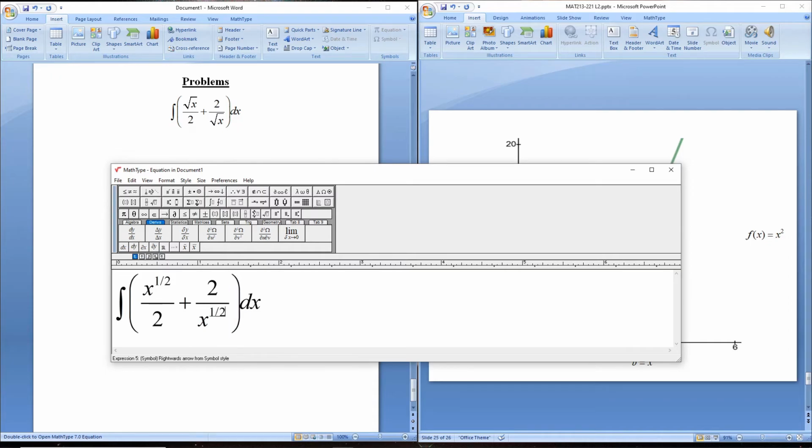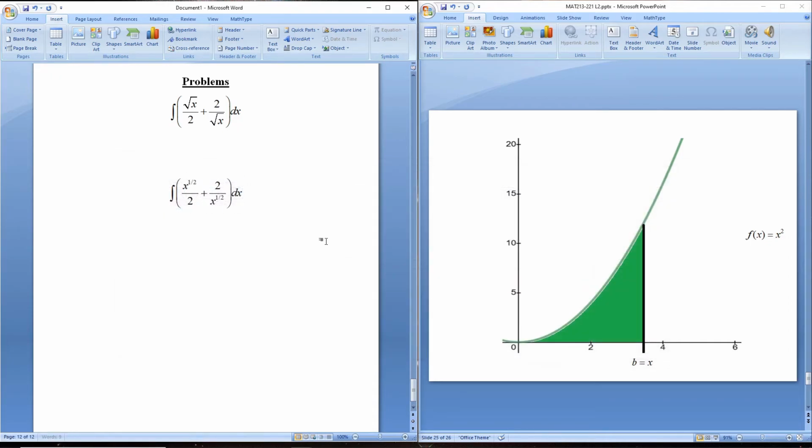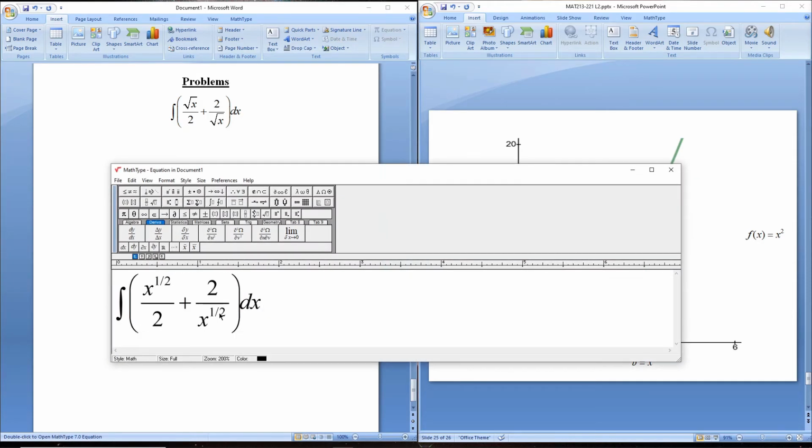So that might be something you want to do first. And also recall that we want these exponents to be in the numerator. So to get this into the numerator means the exponent will get a minus sign change on it. So putting that into the numerator would make it minus 1/2 then.